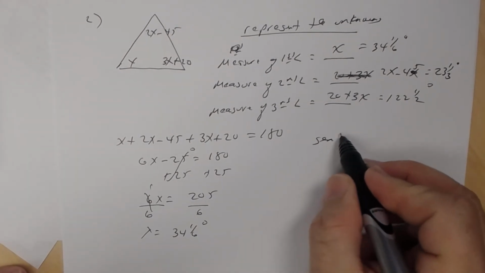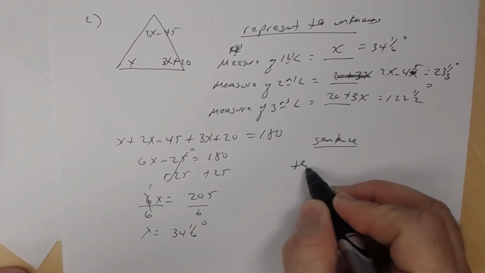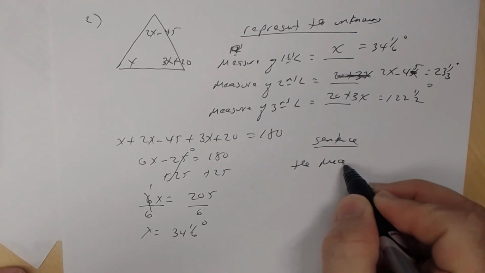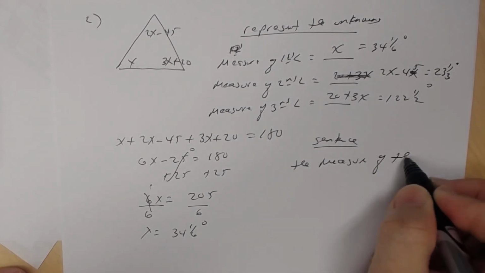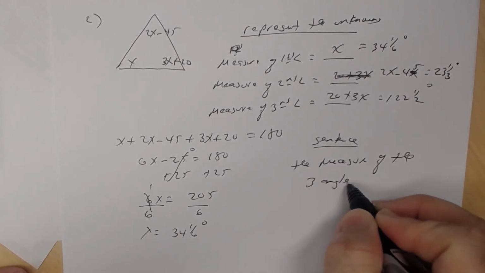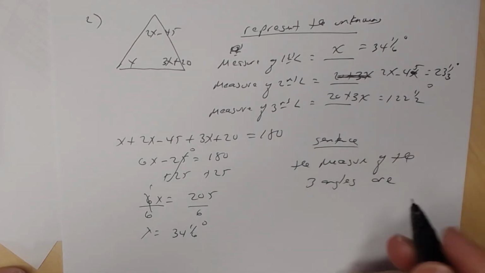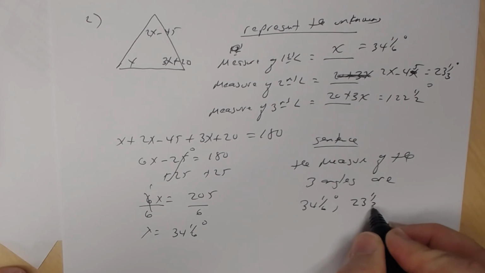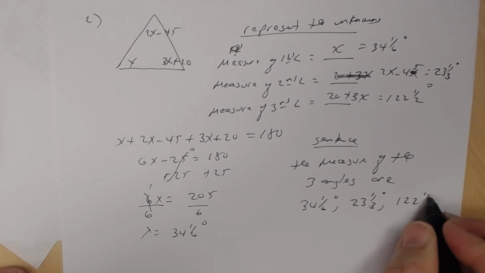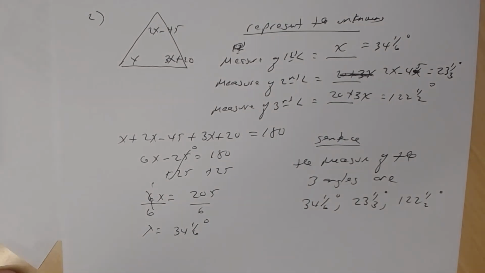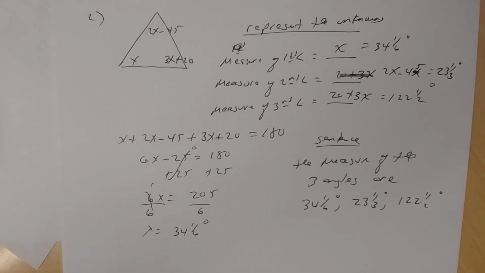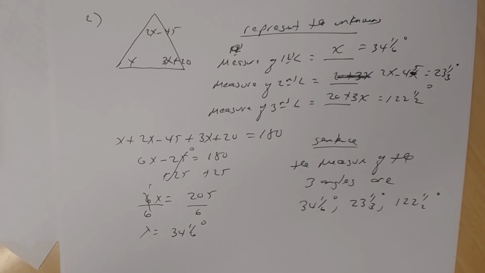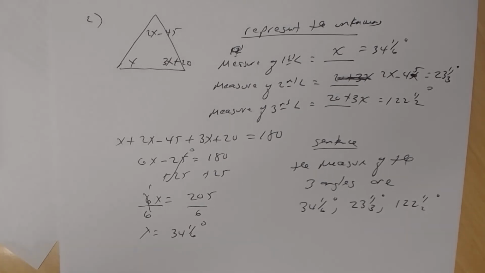So then your sentence, you're going to say the measures of the three angles are 34 and 1/6 degrees, 23 and 1/3 degrees, and then 122 and a half degrees. Okay? All right. So that's going to take care of part 2 of the lesson dealing with problem solving.